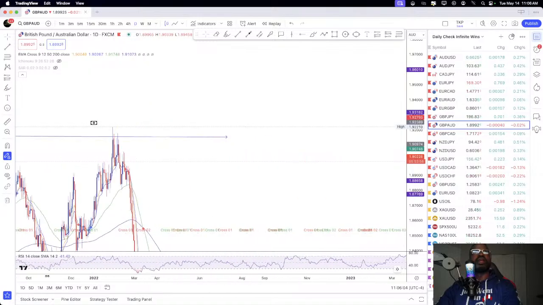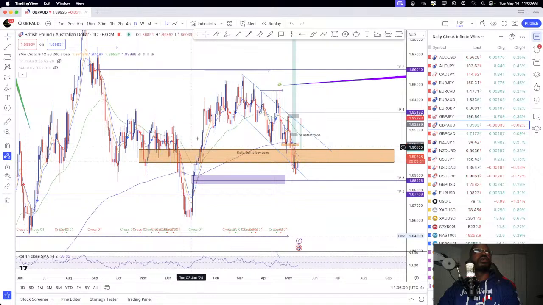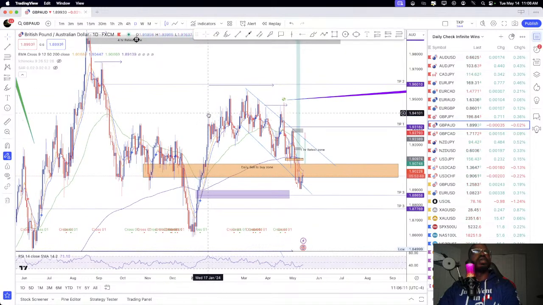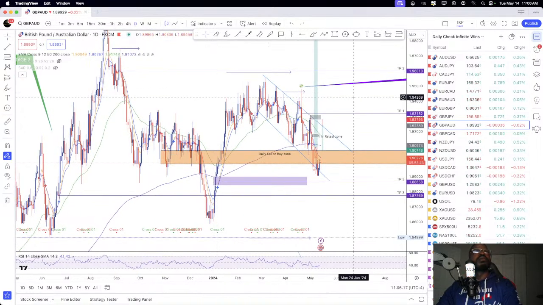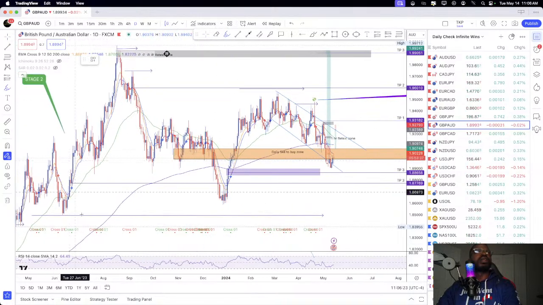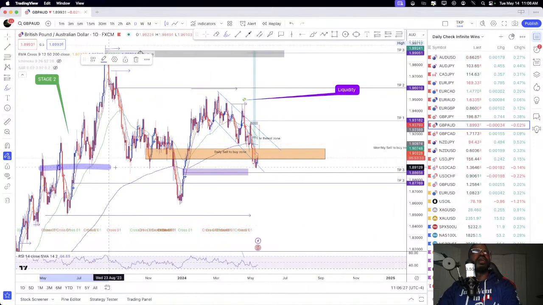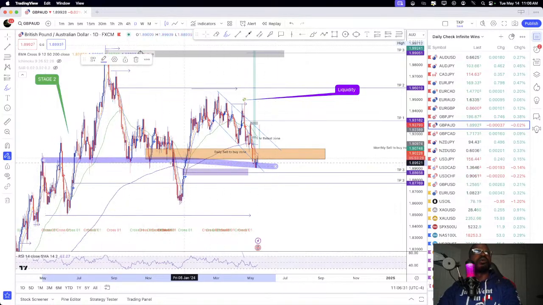Let me go to the daily really quick. Yeah, so just looking at the higher time frames, this entire area right here is a valid area of support.